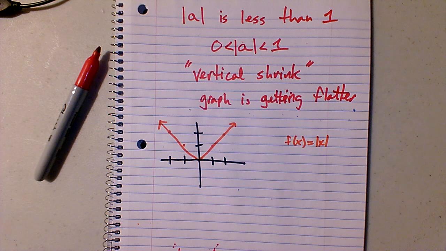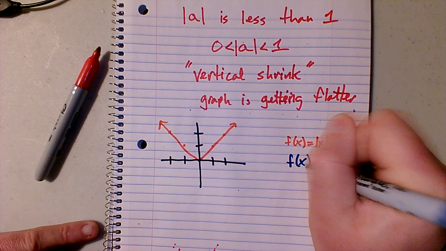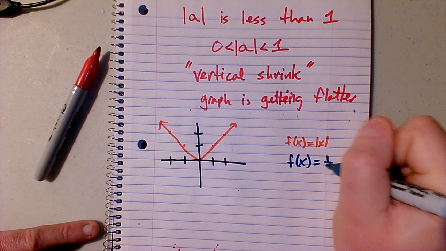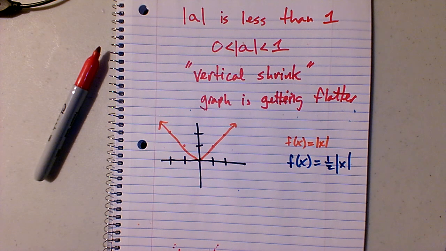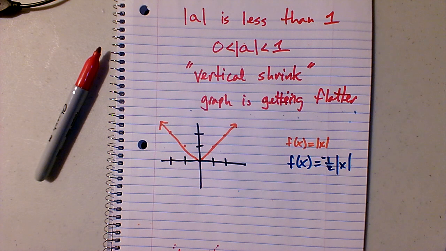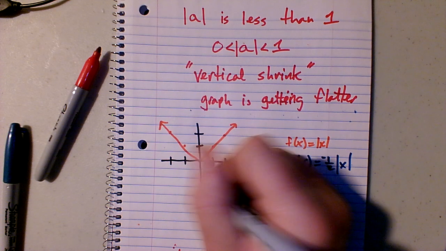Alrighty. So now, let's say I have f of x equals 1/2 the absolute value of x. So A now, and I could do negative. Let's do negative. Sure. Just going to change it around just a little bit.